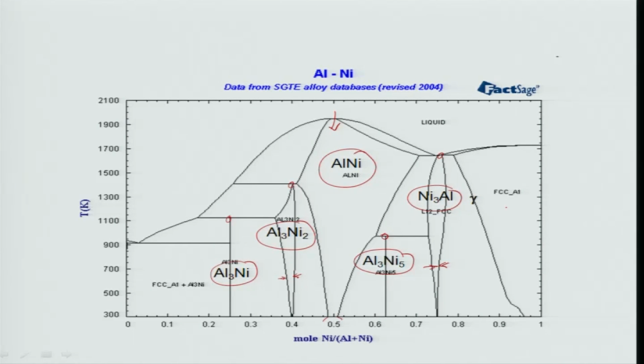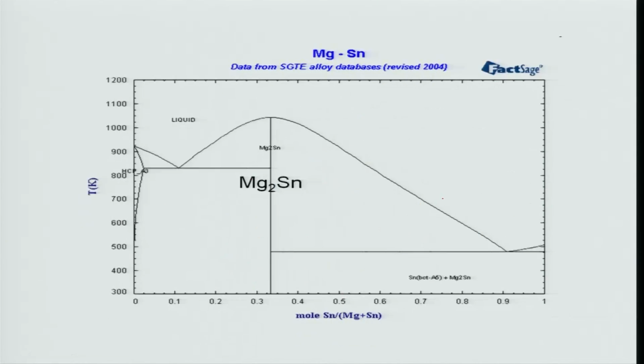Gamma is this FCC solution of nickel, okay, and gamma prime is this Ni3Al precipitate. So, this is the first example. Remember, these phase diagrams are all available online from the SGTE website or FactSage website. So, you do not need to look into any book, they are available free.